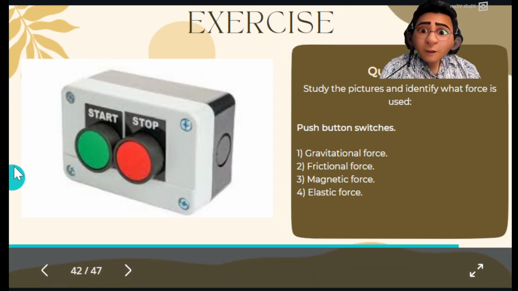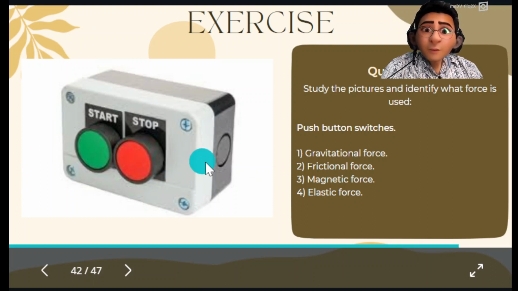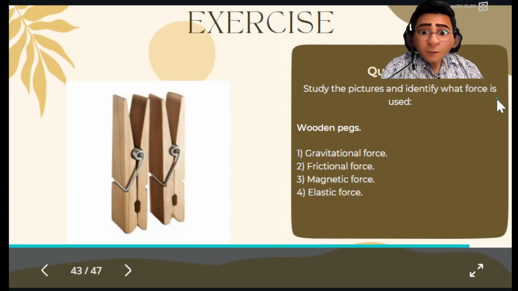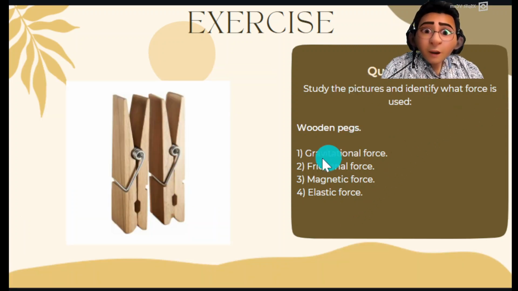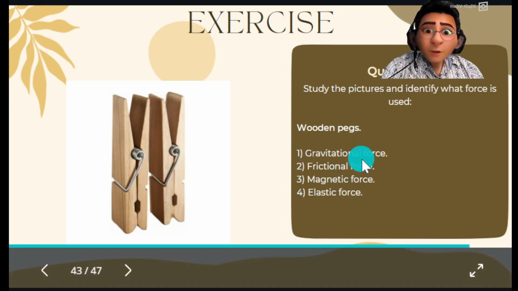No, this is different. This is push button switches. So push button switches, is it gravitational, frictional, magnetic, or elastic? Next, wooden pegs. You have this at home. So this is gravitational, frictional, magnetic, or elastic.